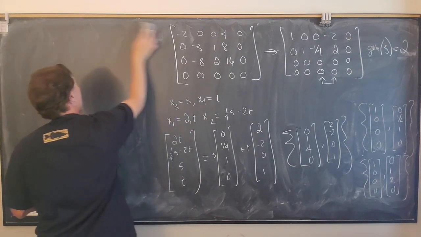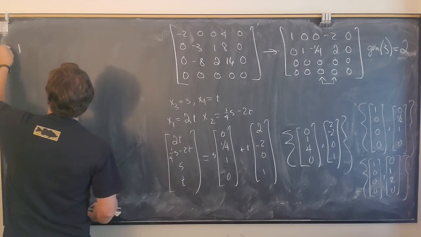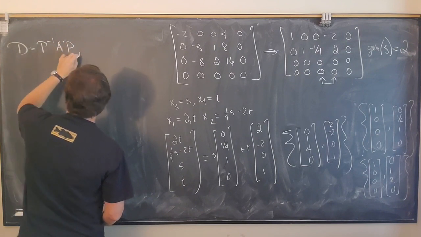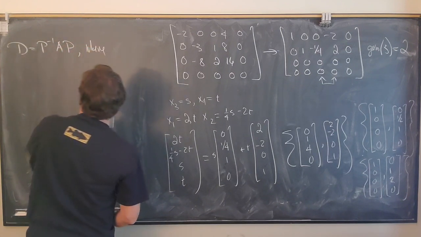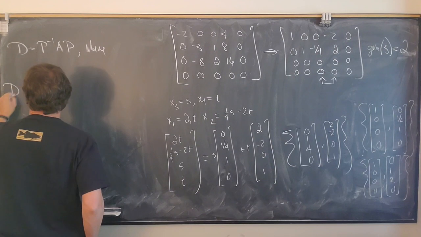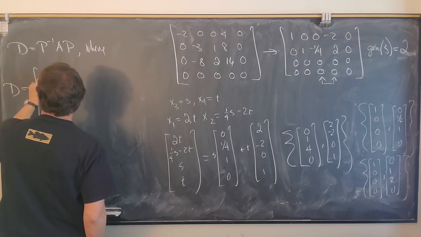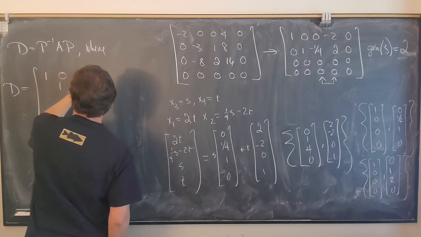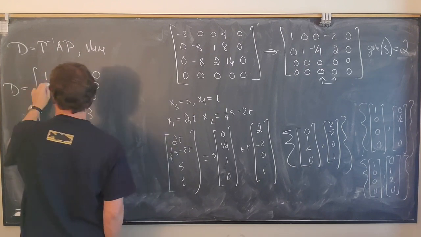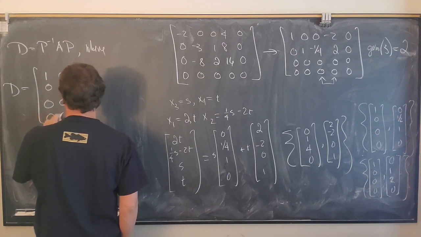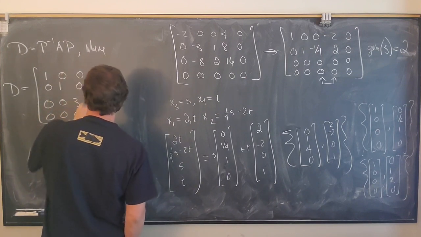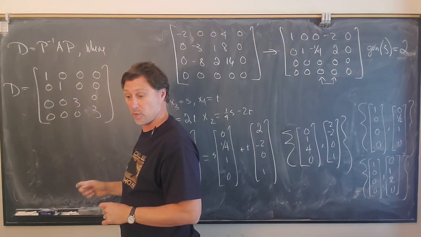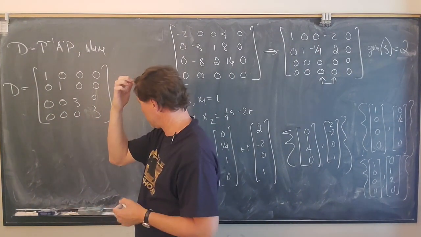And so what we have is that D is equal to P inverse A times P, where D is going to be the diagonal matrix where, in order, the diagonal entries are 1 appearing twice and 3 appearing twice, corresponding to their algebraic multiplicities.